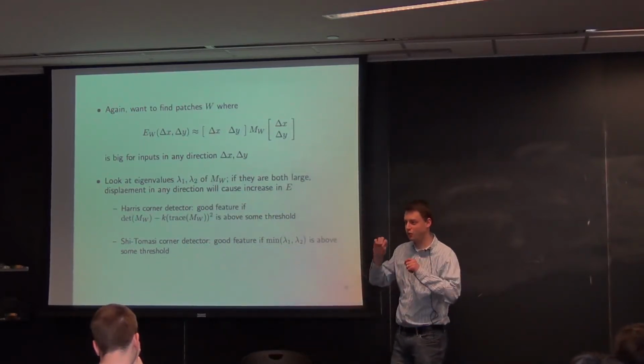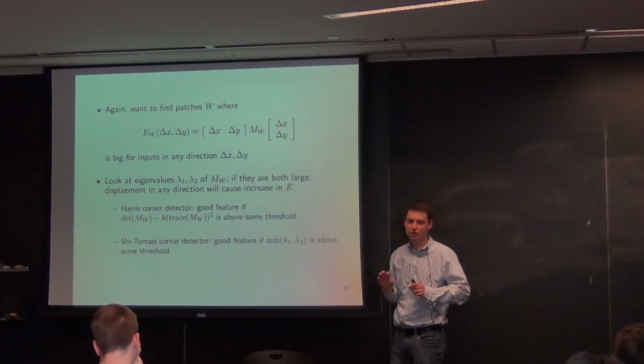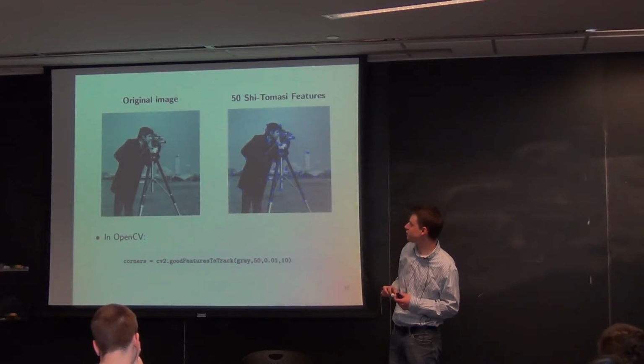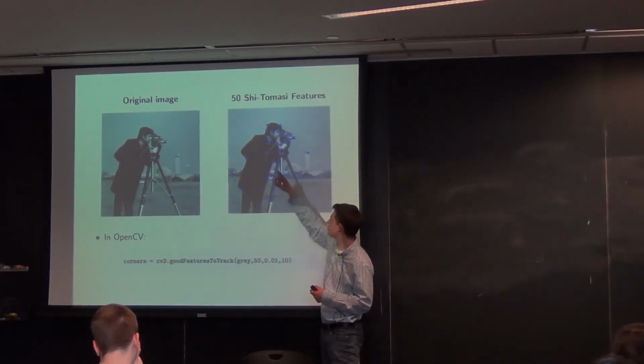Whereas at an edge or a smooth patch, you won't have a big error in every direction. So that's all it really is. And here is our image when we run this Shi-Tomasi corner detector, expect 50 of them.